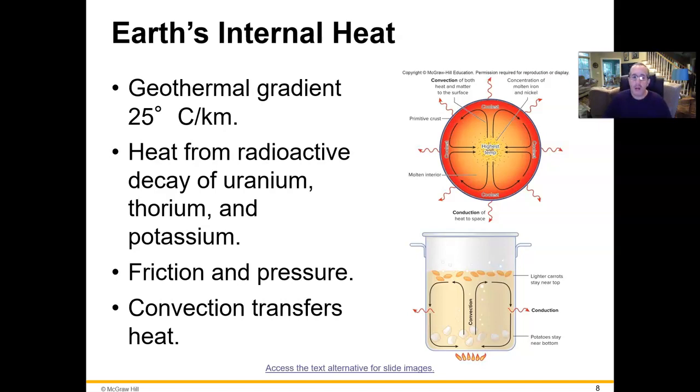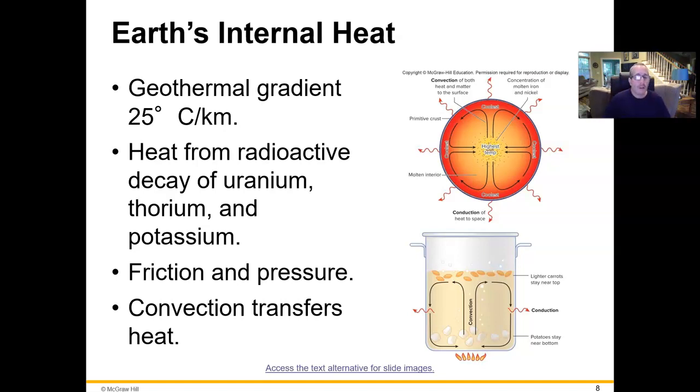We also have a lot of radioactive heat with the decay of uranium, thorium, and potassium in the core. And again, we have that molten outer core that keeps moving, and that friction and that pressure that it creates also generates heat. So it's kind of like a self-sustaining oven, even though it is, over time, slowly losing heat.